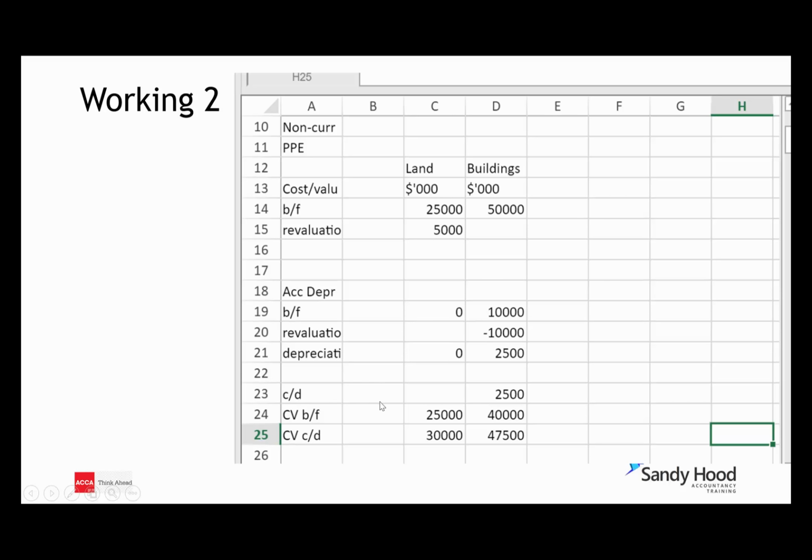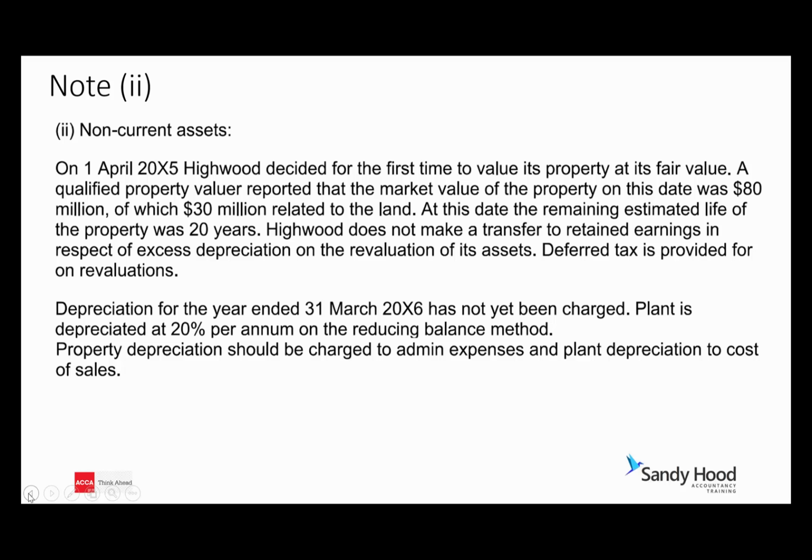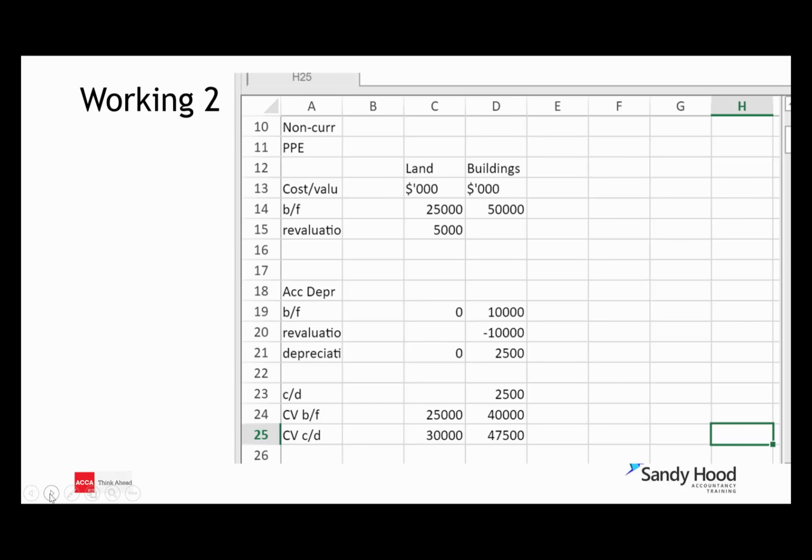So during the year, these buildings have been depreciated, and we know that the depreciation rate that we apply is going to have to be based on the remaining estimated useful life. So we've got 20 years remaining, so that gives us a depreciation of 2,500, or 2.5 million if you wanted, but I'm going to call it 2,500.